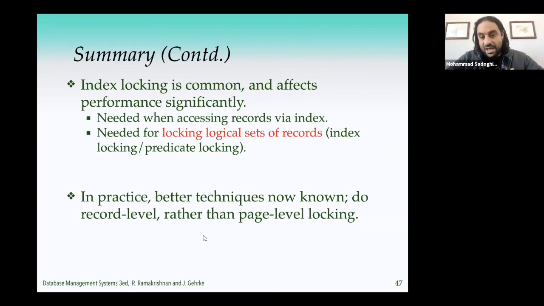So again, any type of coarse level locking will have a performance penalty. But again, it's simpler to implement. It's basically just stopping new transactions and waiting for existing transactions to finish. And once that condition is met, you have exclusive access essentially to the entire database.